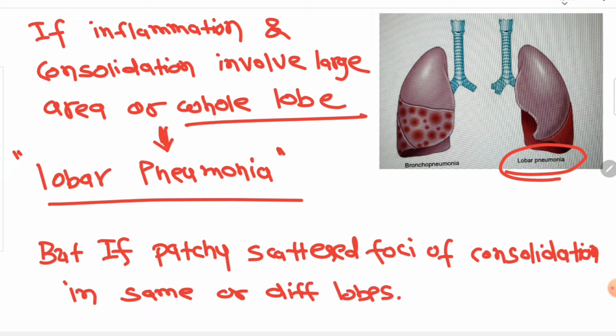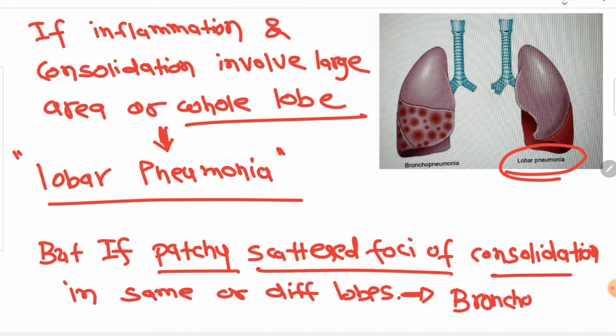It means the whole lobe is not involved. There is a patchy focus of involvement, which can be evident in this diagram. So these are the two broad categories of pneumonia, lobar pneumonia or bronchopneumonia.